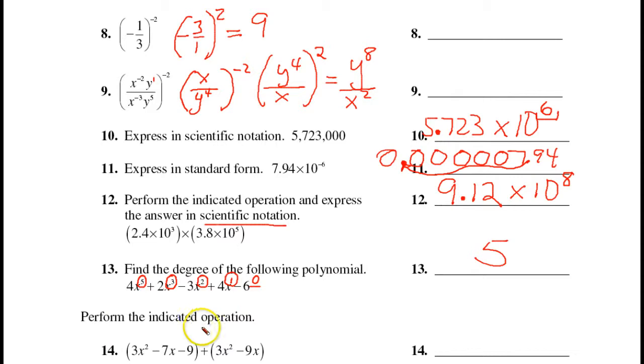Now, perform the indicated operation. Many techniques, you could do it horizontally, just remove the parentheses. When there's a plus between them, we want to combine like terms. I had suggested you do it vertically. Put these in their like term columns now.